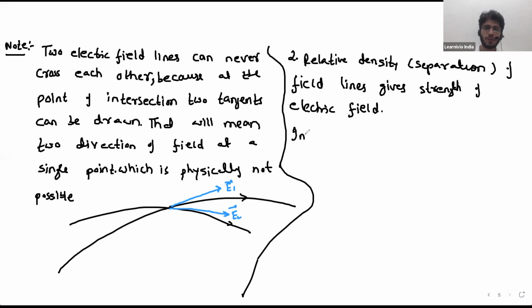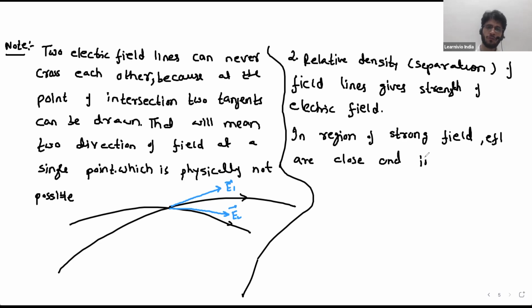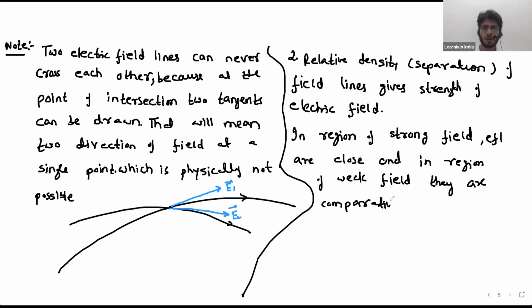In the region of strong field, electric field lines are close, and in the region of weak field they are comparatively far apart.